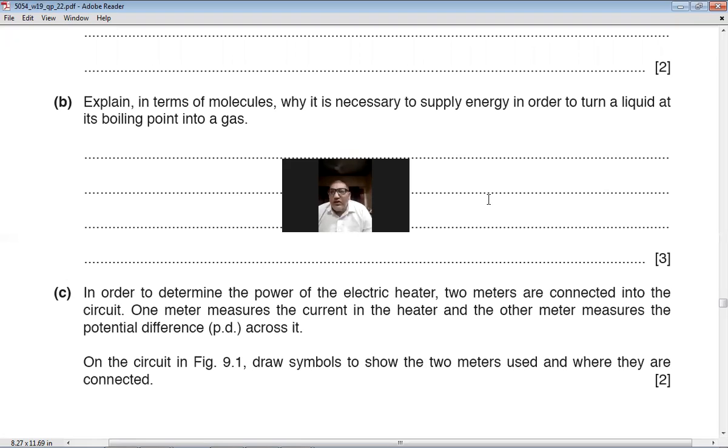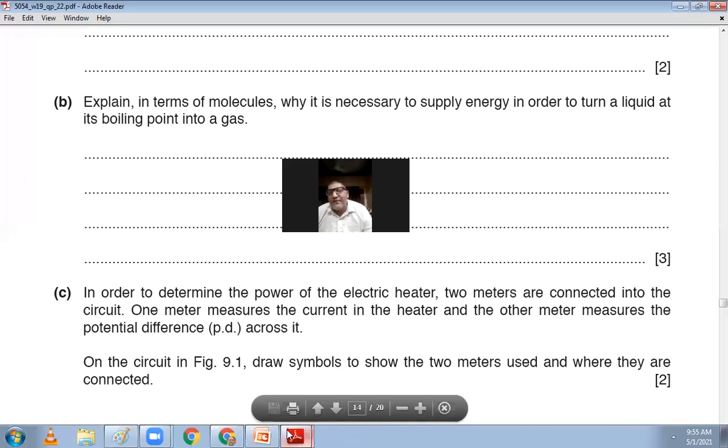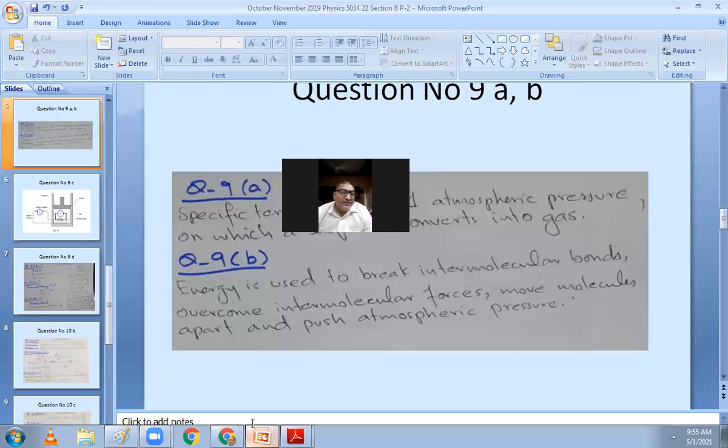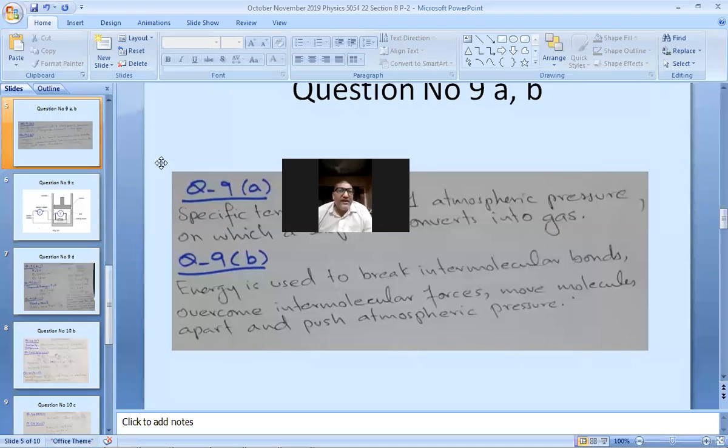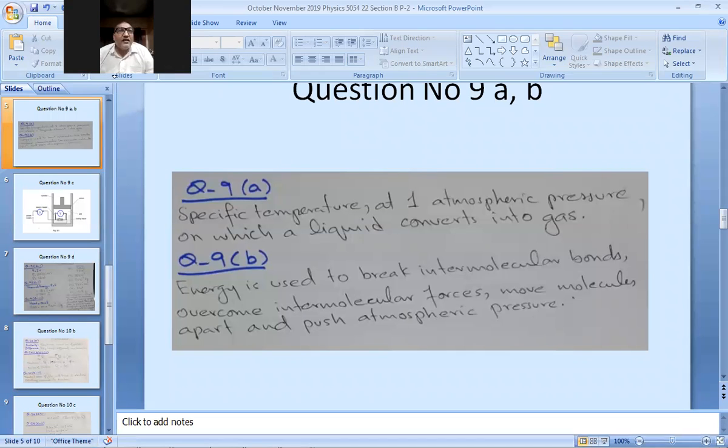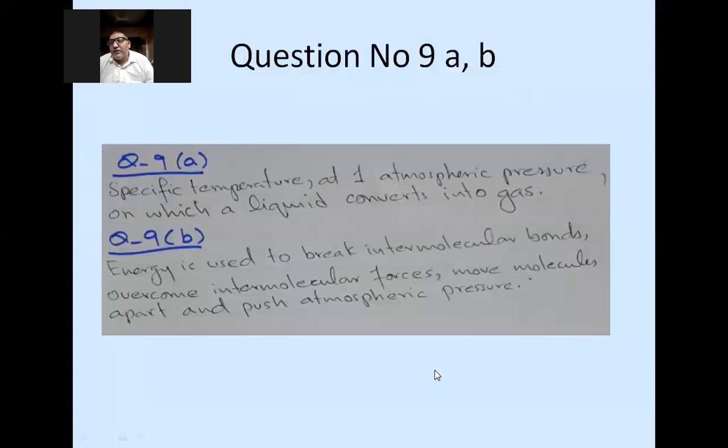So hopefully you understand. It's a 3-mark question, very important, and only 4 lines are given, so you have to be very specific in your answer. Okay, so let's see what answer I have written.